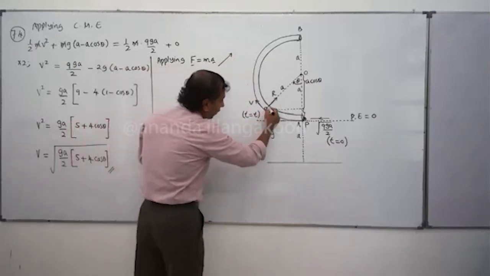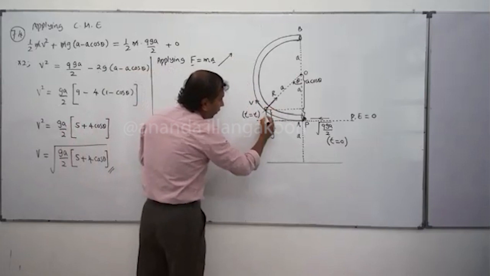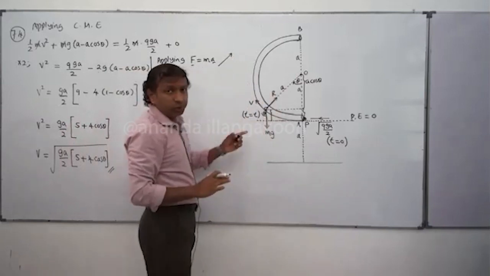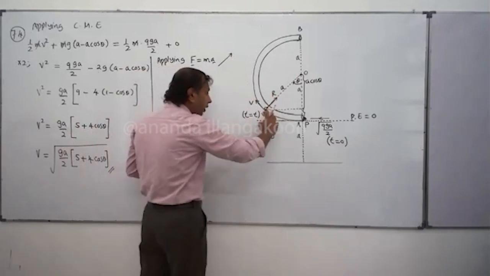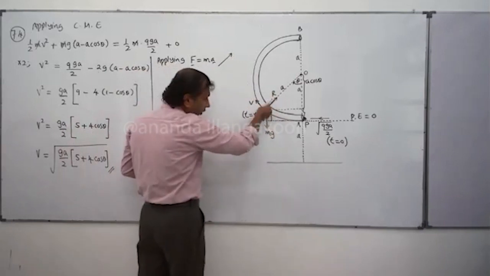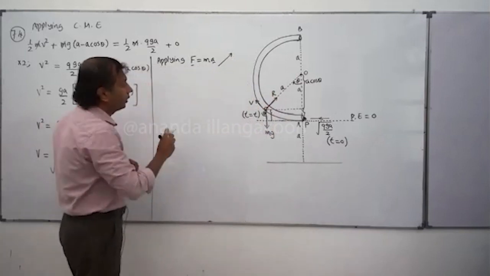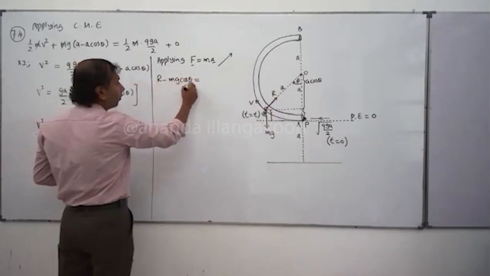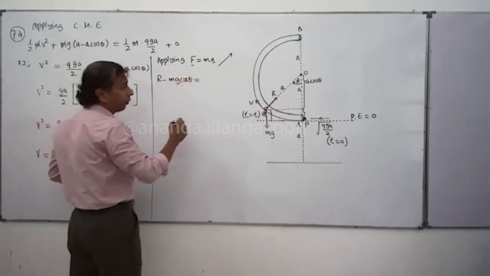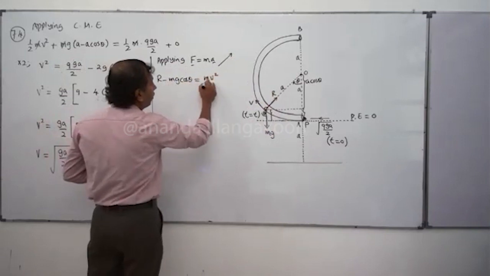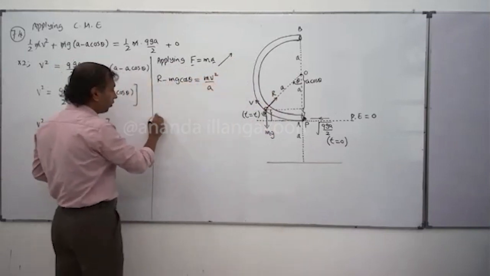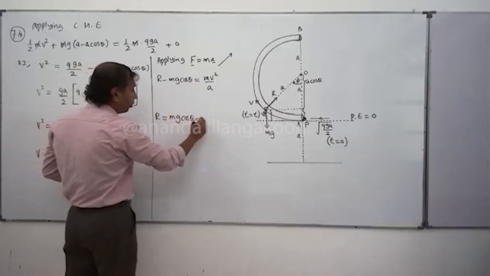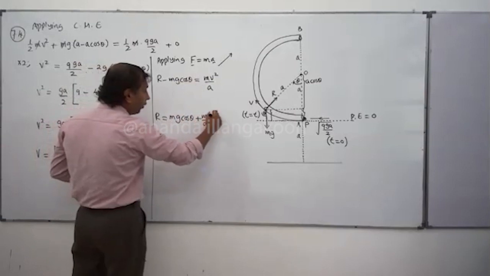When you produce this line, this angle is also theta. R is the force acting towards the center. By this mg, we have mg cos theta in this direction. So R minus mg cos theta is equal to the centripetal acceleration term, mv squared by a. Then we can make R the subject: taking to the right hand side, mg cos theta plus m upon a times v squared.